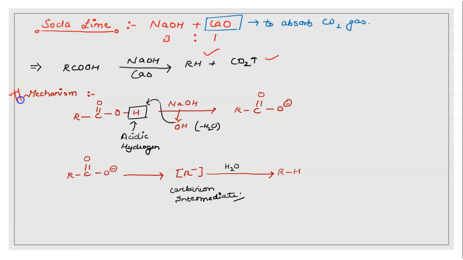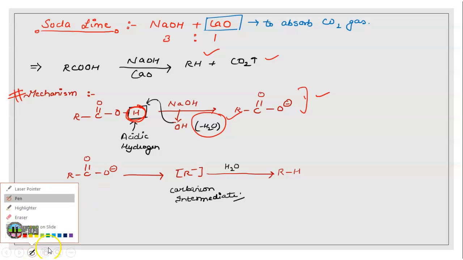And the simplest mechanism that you can show is like this: this is your carboxylic acid and this one is your acidic hydrogen. Now from NaOH what you get is OH negative, right? So this OH negative will abstract this particular proton from here, resulting in the removal of water and leaving RCOO negative over here. Let me change the color of the pen.